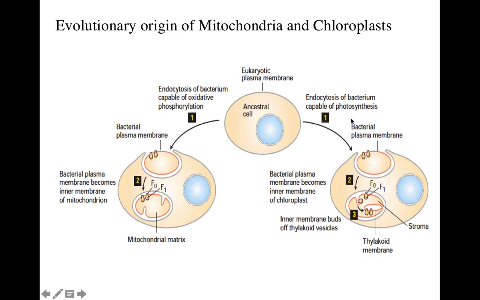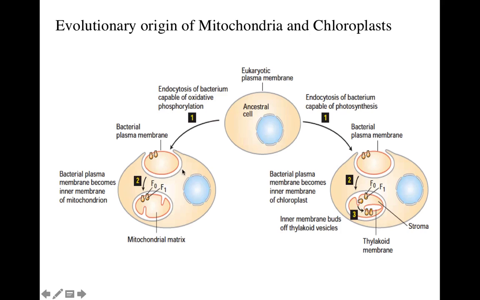The same is the case with the origin of chloroplasts. In this case, the eukaryotic cell engulfed another prokaryotic cell, which was again a bacterium, but the difference was that this bacterium was capable of photosynthesis instead of oxidative phosphorylation.